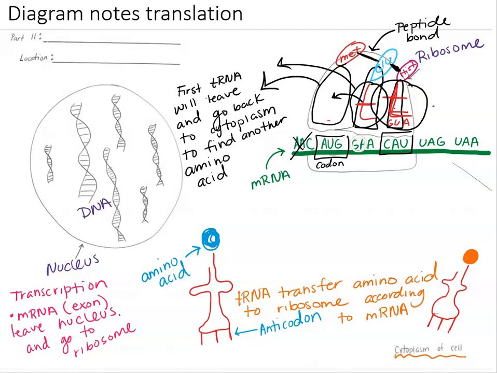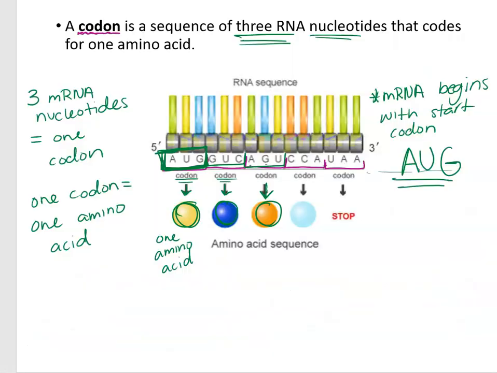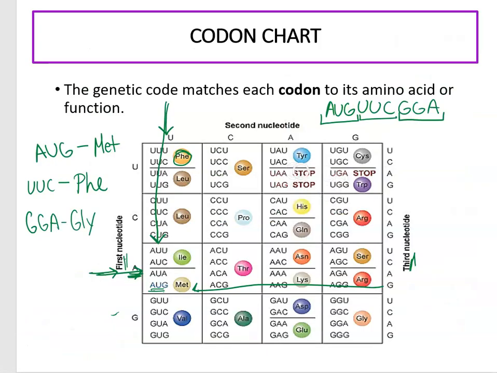Our ribosome is going to continue reading this entire mRNA strand, linking amino acids together and building until it comes to a stop codon. There are 3 stop codons, you can see 1, 2, 3. We have 3 stops, 1 start.